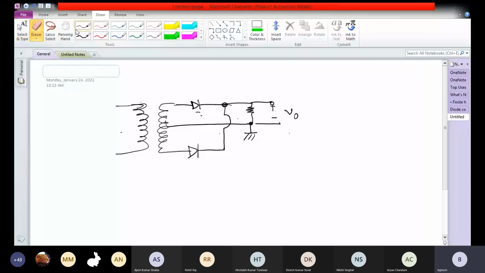So what is going to happen? Again, very simple to understand. Almost does not need much explanation. So you see, this is the positive side, this is the negative part.